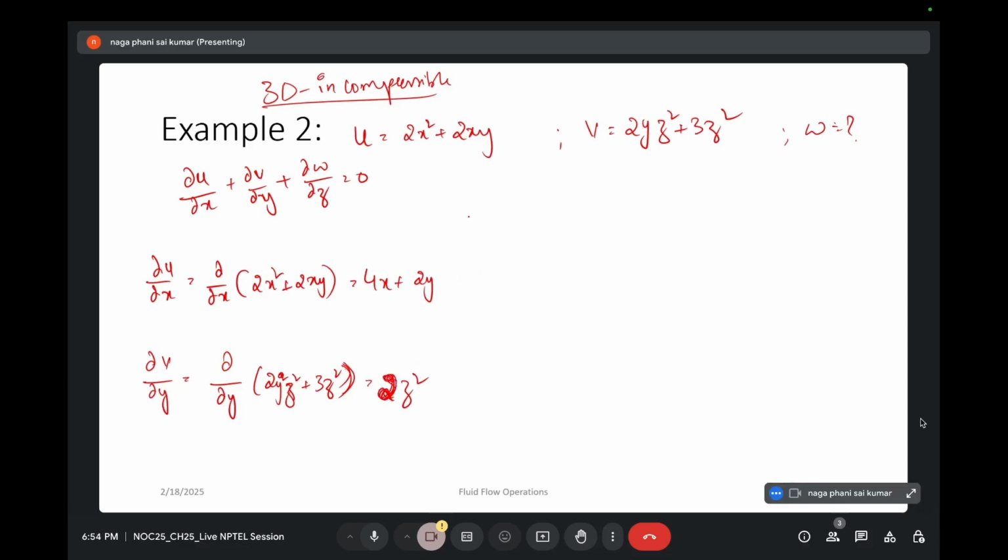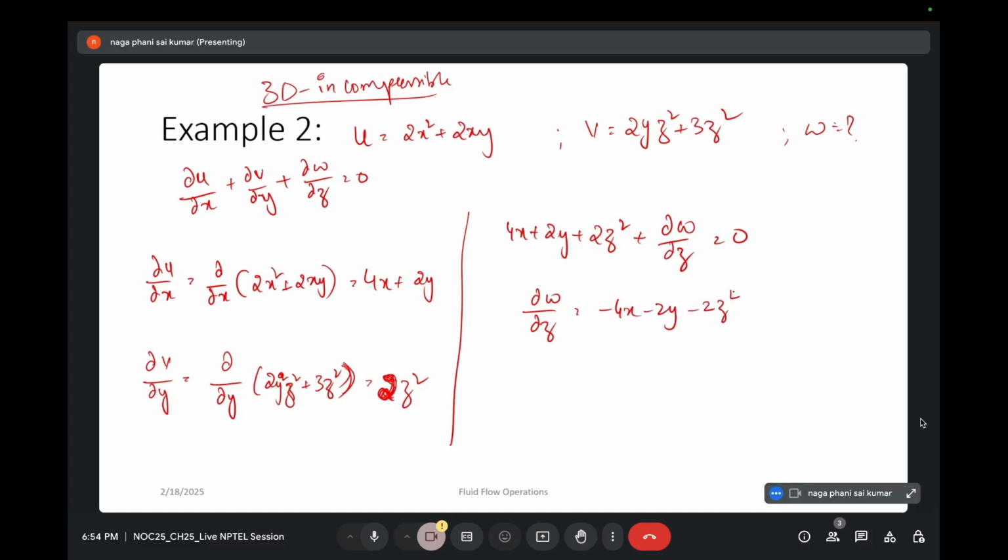So now just substitute in this equation. We have 4x plus 2y plus 2z² plus ∂w/∂z is equal to 0. So now ∂w/∂z is equal to minus 4x minus 2y minus 2z².